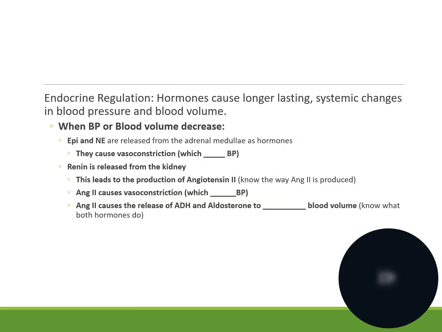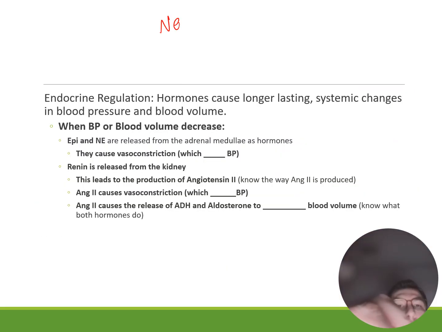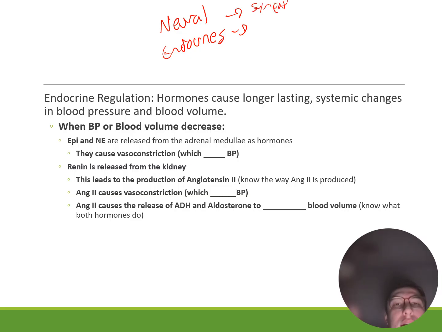So key takeaways here, we have neural and endocrine responses. Neuronal responses are either sympathetic or parasympathetic. And the sympathetic and parasympathetic responses are short-lived.